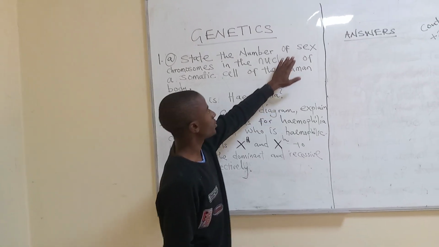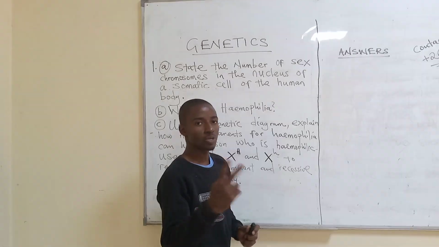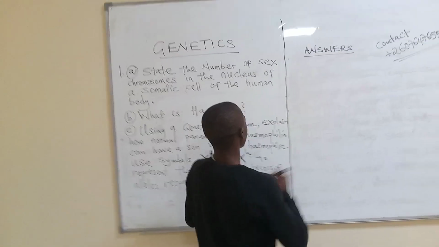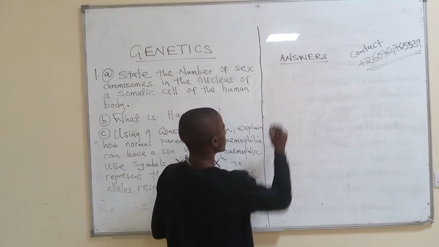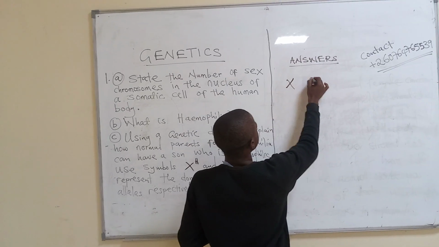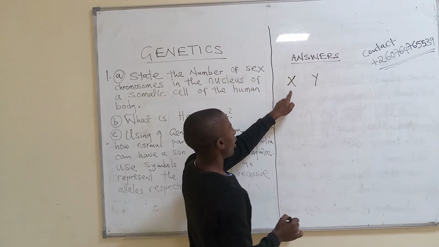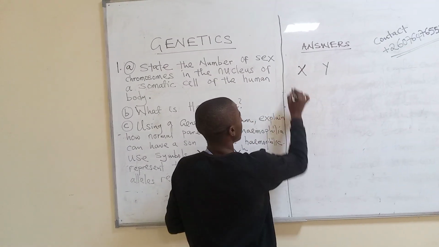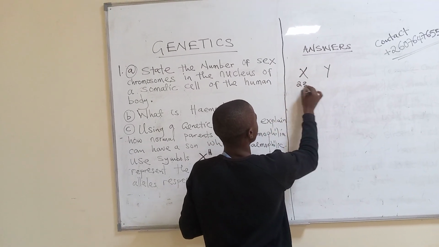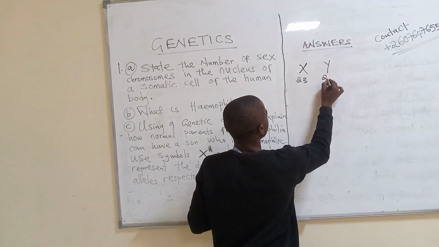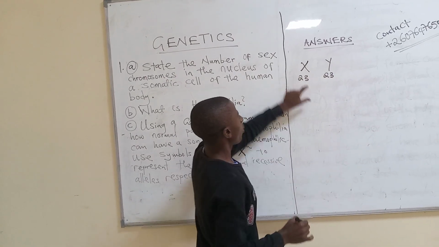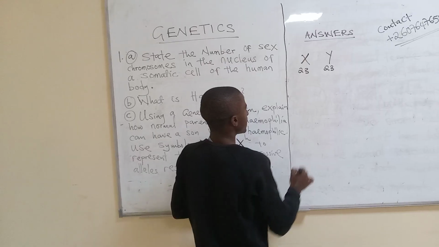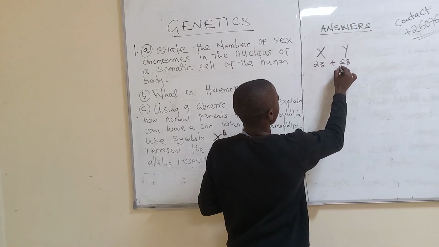What you should understand is that we have two types of chromosome, X and Y chromosome. Now, each chromosome contains 23. The X chromosome contains 23, also the Y chromosome contains 23. So when you sum up, you add them. That is 23 plus 23.